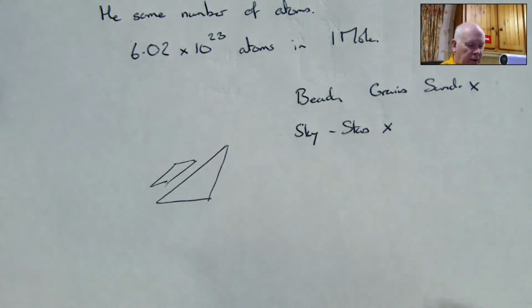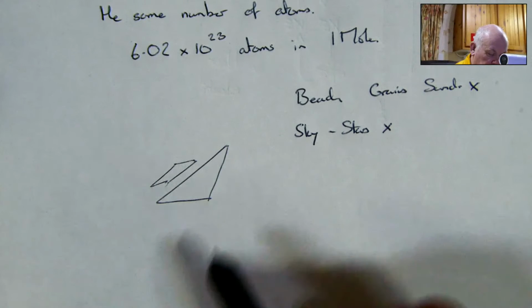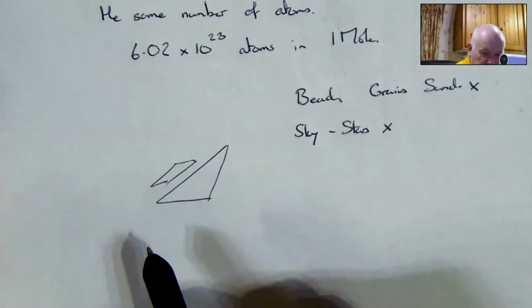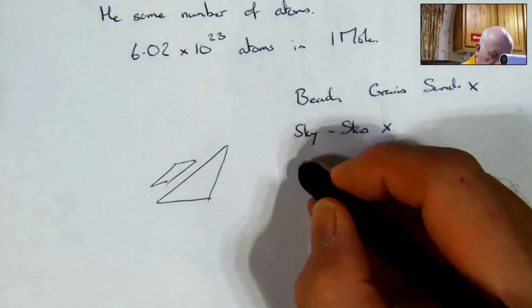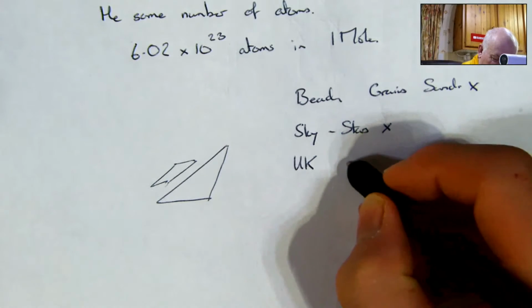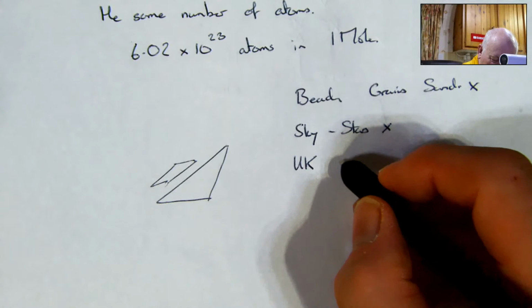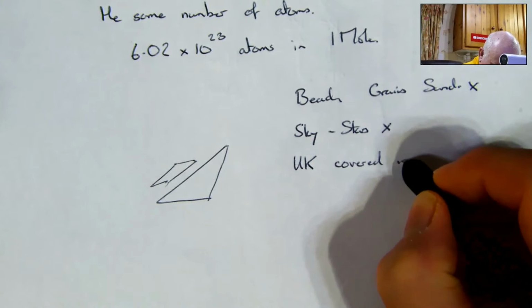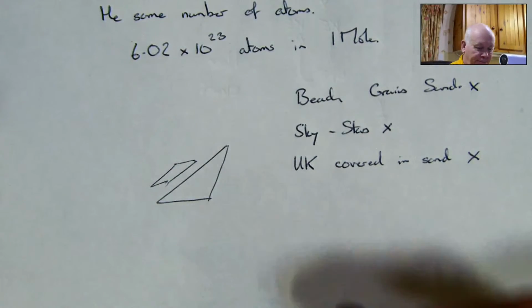So instead, let's take a map of the UK. Let's take the whole UK and we'll cover it in sand. Is that 6 times 10 to the 23 grains of sand? And the answer is no, it's not.